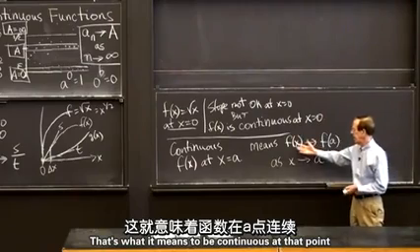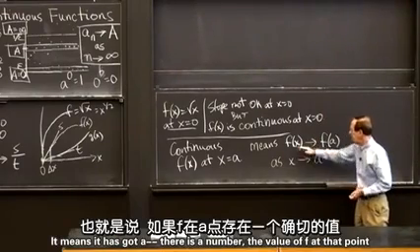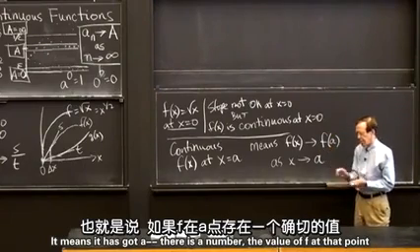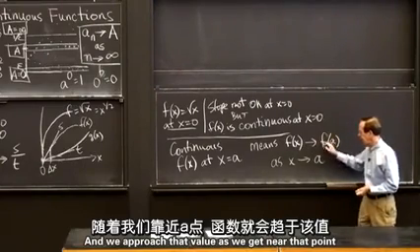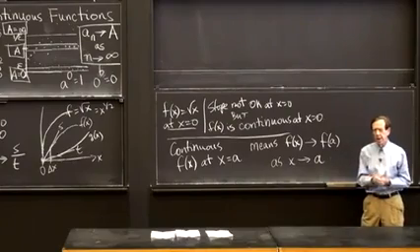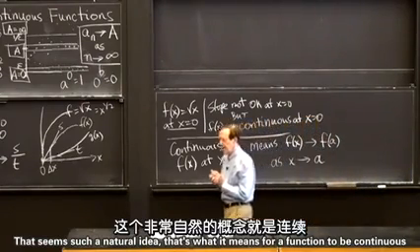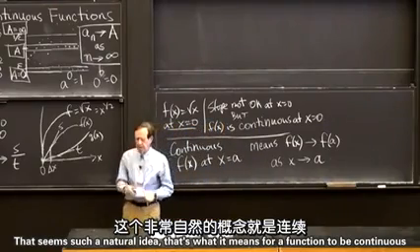That's what it means to be continuous at that point. It means that there is a number, a value for f at that point, and we approach that value as we get near that point. That seems such a natural idea. That's what it means for a function to be continuous.